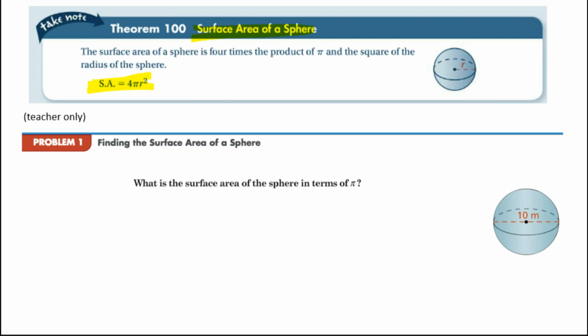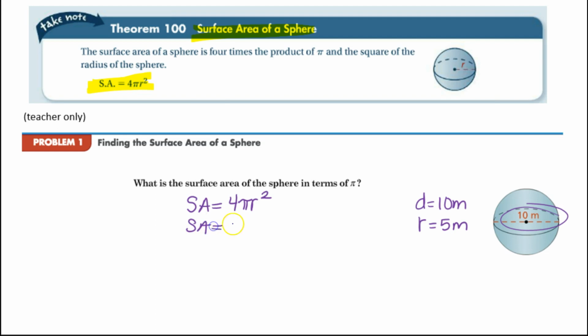So in this problem that I'm given here, you don't have this one in your book. I have this 10 meters, but that is my diameter. I have to pay attention because I only need my radius. Since my radius is half of my diameter, that means my radius would be 5 meters. So surface area equals 4 times pi times radius squared.